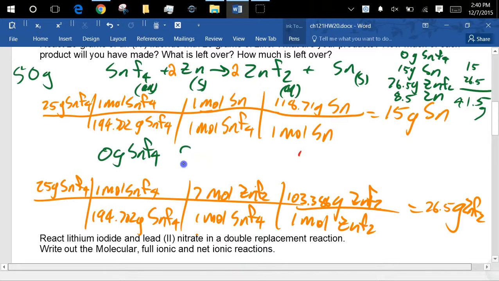We will have 9 leftover grams of zinc. We will have 26 grams of zinc fluoride created, and I'll have 15 grams of tin created. That good?